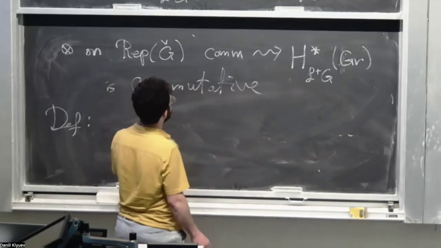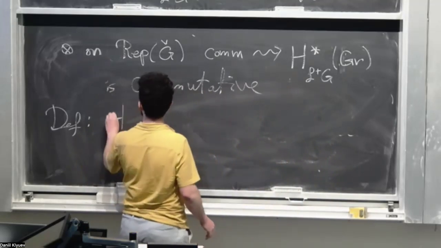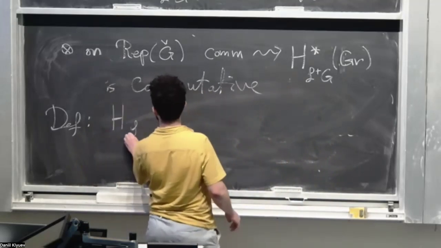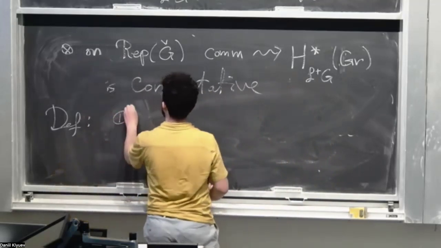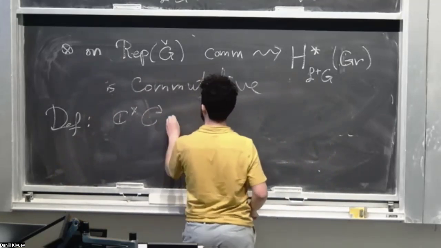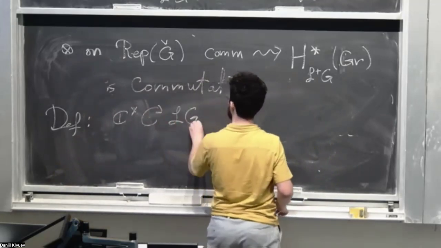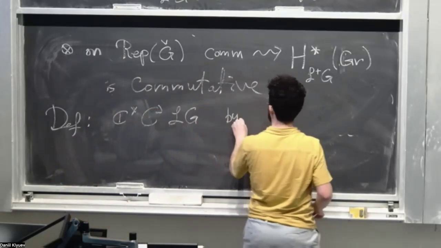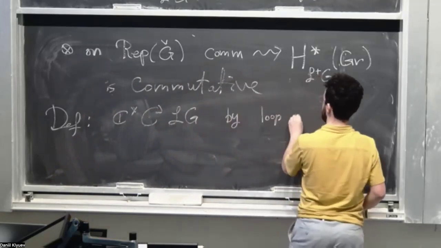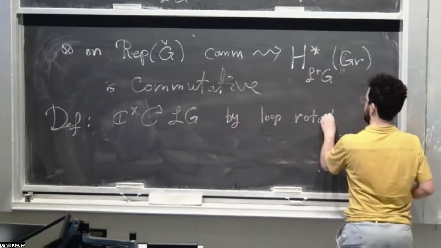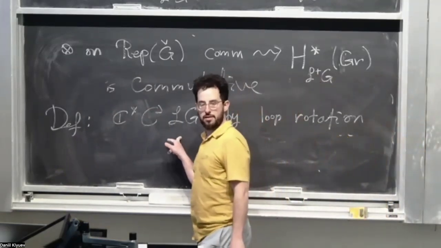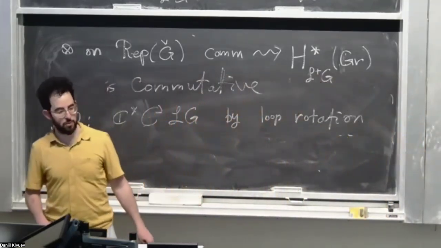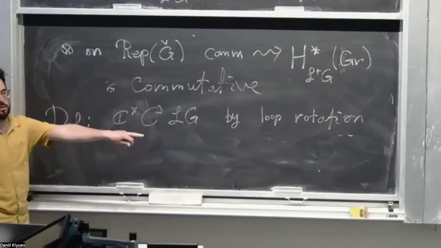The object that we are going to be interested in is H. Let's write it down. C star acts on the loop group LG by loop rotation. A loop is a map from the punctured disk, and you can pre-compose with an action of G_m on the punctured disk.